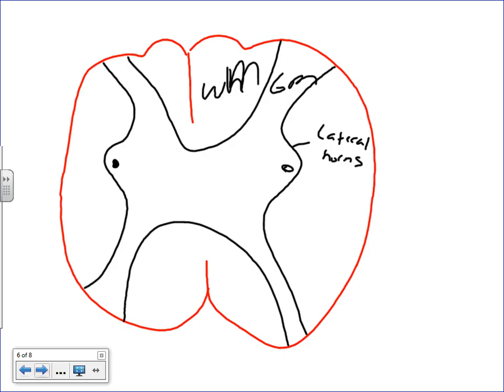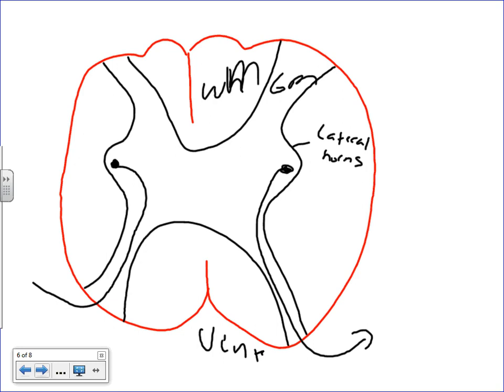Within the lateral horns is where these preganglionic fibers begin, and then they pass out. Remember, any output out of the spinal cord exits out the ventral aspect. So keep in mind that these preganglionic fibers are found in the lateral horns of these thoracic vertebrae. I forgot to mention that in the previous video that I just made.